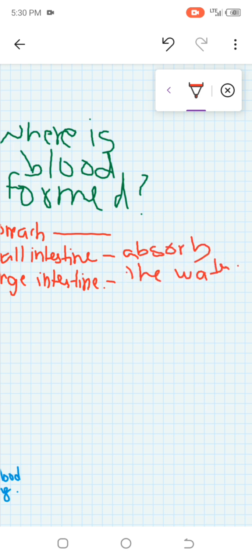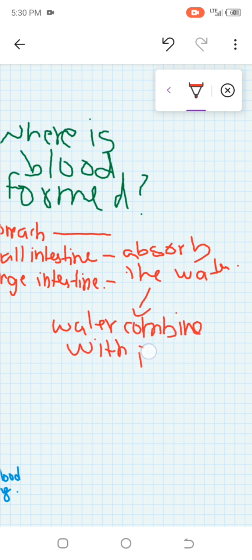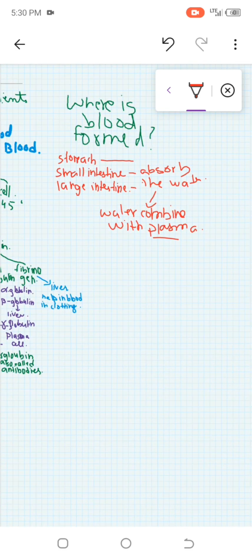This water is combined with plasma. While combining with plasma, it contains a pigment, a red pigment, which gives the red color to the blood.